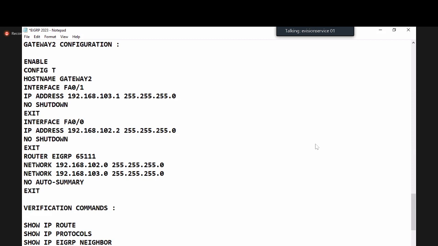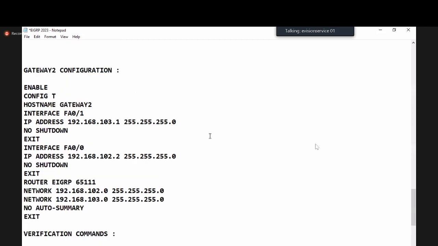These 4 commands we are going to be using today for verification purposes. Take the screenshot. Everyone taken, right? Okay.